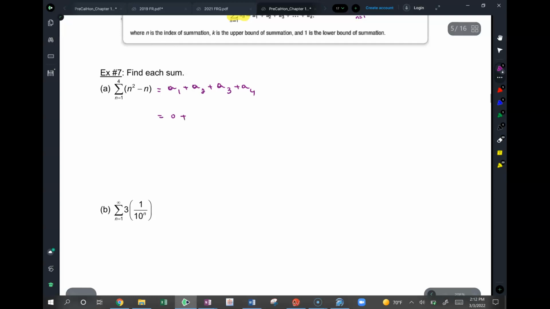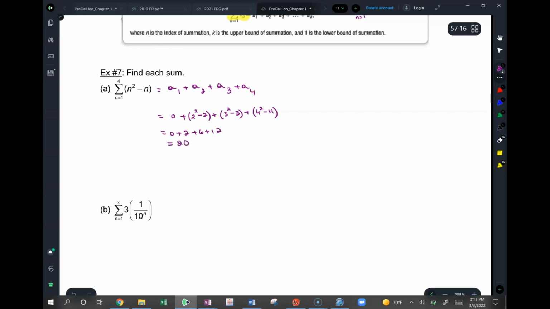Plus a sub 2 is 2 squared minus 2, a sub 3 is 3 squared minus 3, a sub 4 is 4 squared minus 4. Do you have to write it out like that every time? No, I'm just doing it to illustrate. So this is just 0 plus 2 plus 6 plus 12, which is 20.